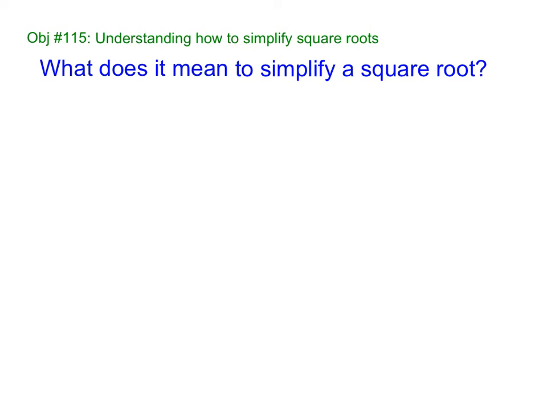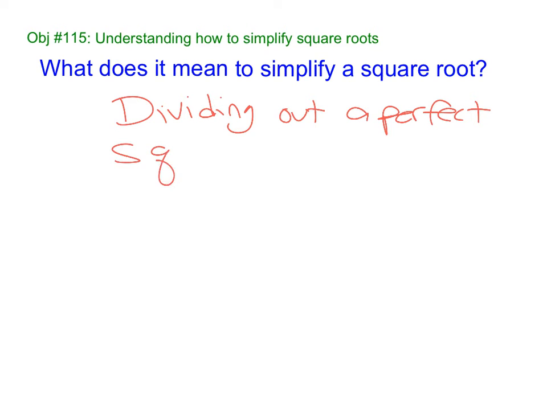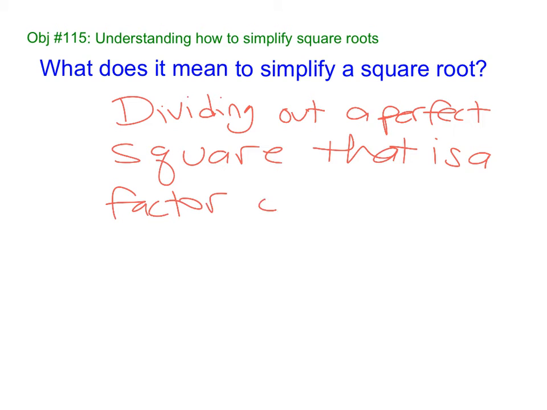Okay, what does it mean to simplify a square root? So we did this in geometry. Simplifying a square root means dividing out a perfect square that is a factor of a number under a radical.